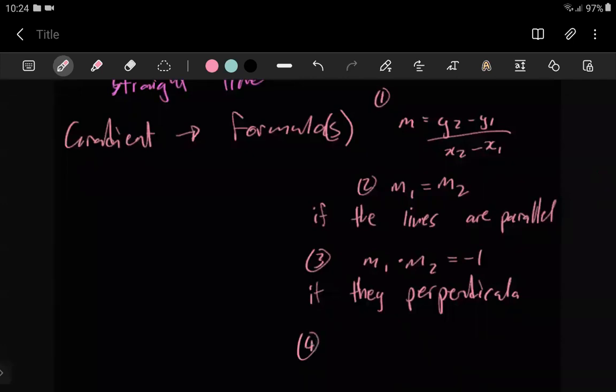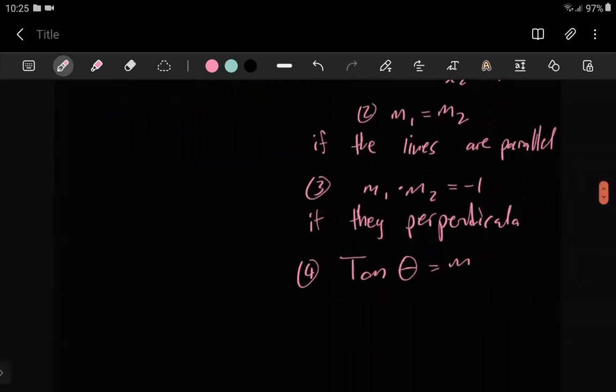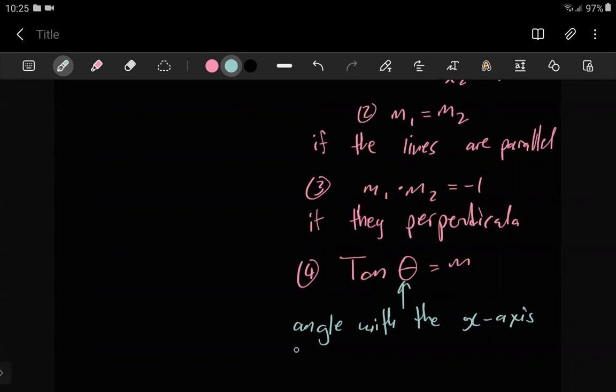The fourth one is when you have an angle of inclination. Tan of the angle is equal to M. So this will always be an angle with the x-axis going anti-clockwise.